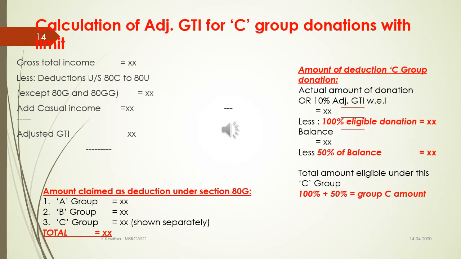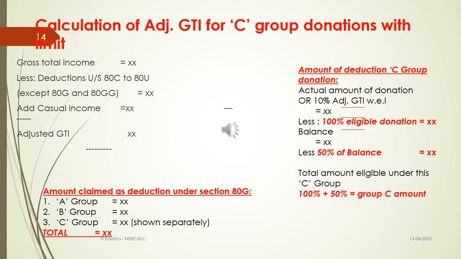The amount to be deducted under C group under 80G deductions: we have to take 10% of adjusted GTI or the actual amount of donation, whichever is less.